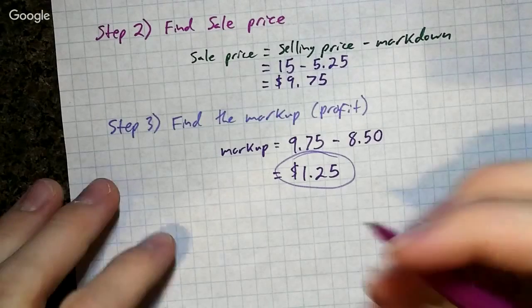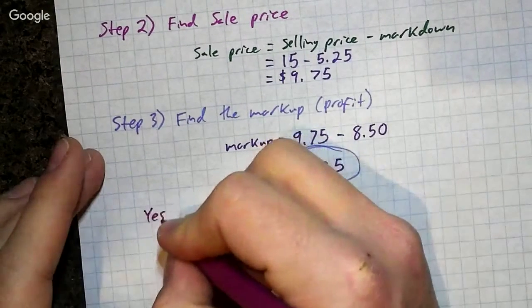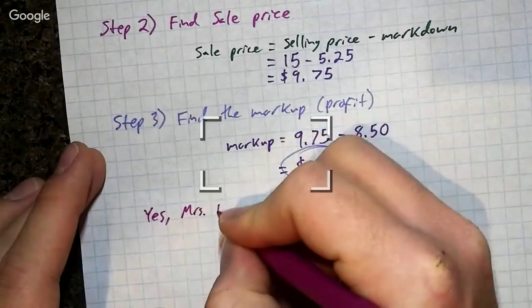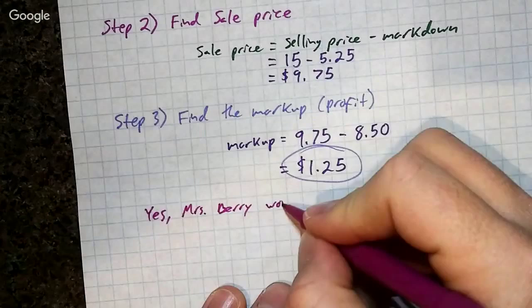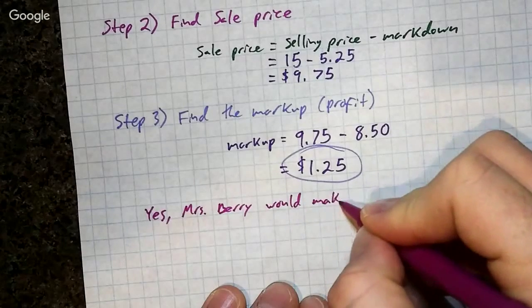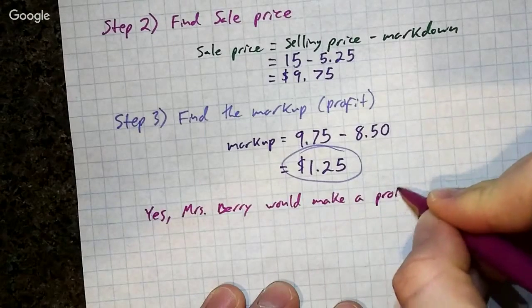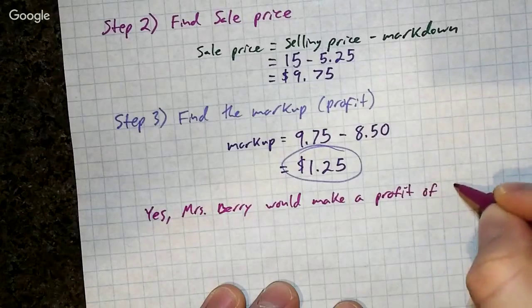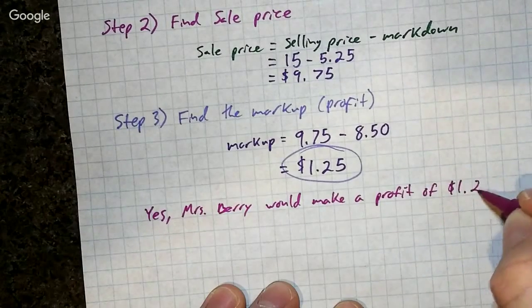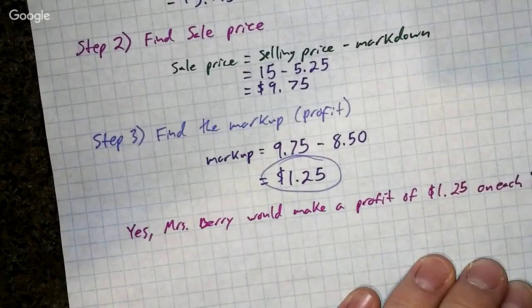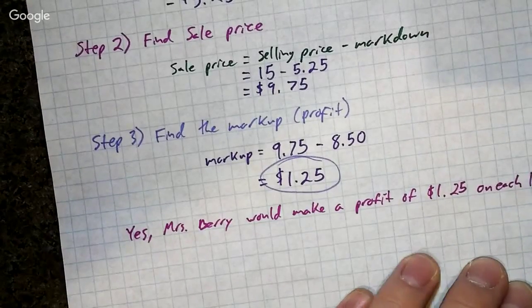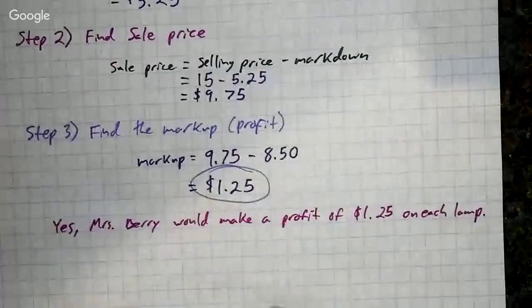So, yes, Mrs. Berry would make a profit of $1.25 on each lamp. Okay, whew, we got to the end.